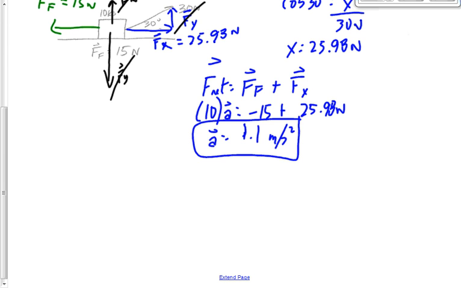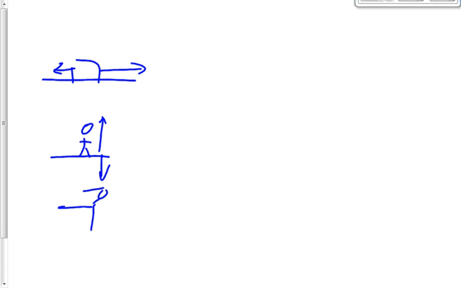Okay, guys, I need you to take a step back from this for a second and look at what we've been doing for the last couple of weeks. We've been doing problems from this, to this, to this, to combinations of those, to this.